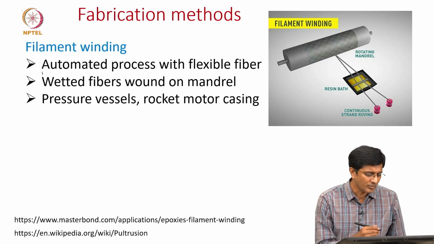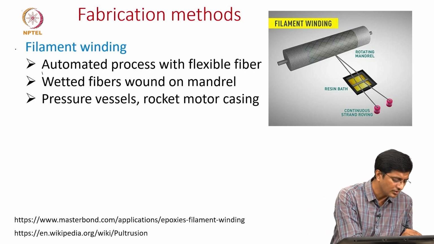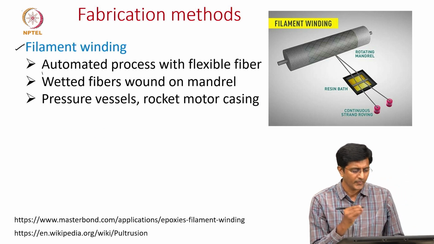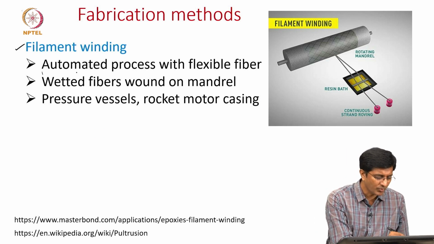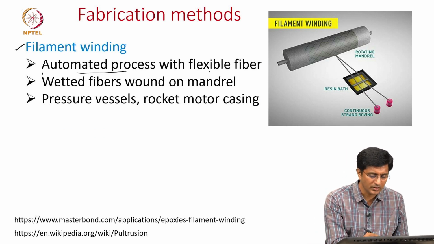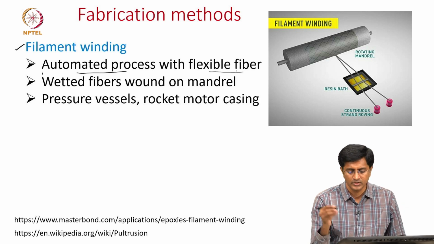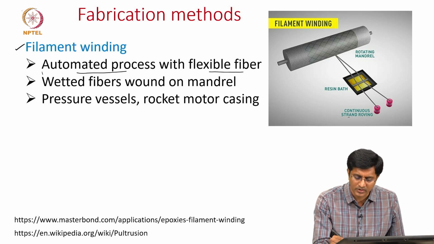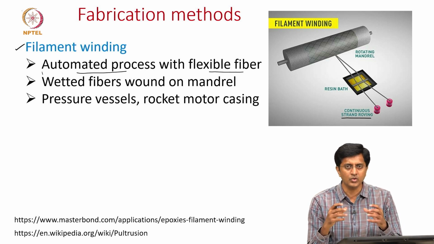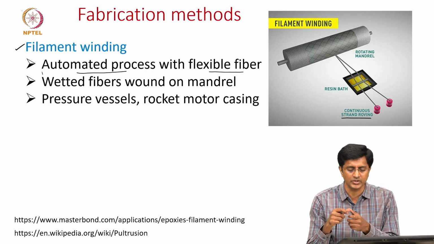So, the next fabrication method we look at is filament winding. This is an automated process, and for this we rely on a flexible fiber. If you are looking at this figure, we will start with this continuous strand roving or the tow, this collection of fibers together.